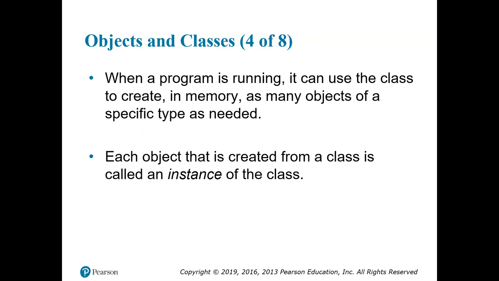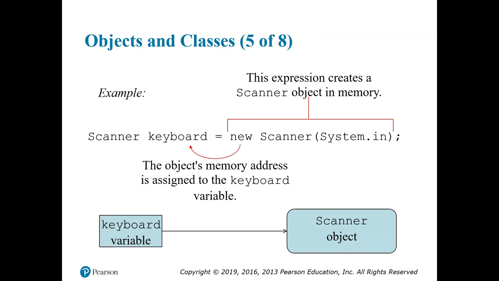Each time we call a class and create an object, we create an instance of that class. For instance, when we create a Scanner object named keyboard, we assign it the name keyboard and a memory address. The reserved word new is used to describe a new instance of a class, in this case, the Scanner class.